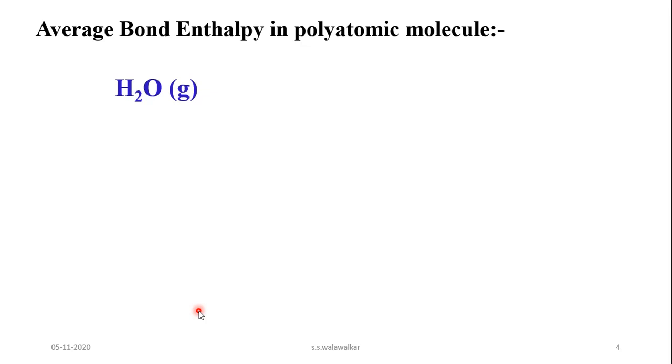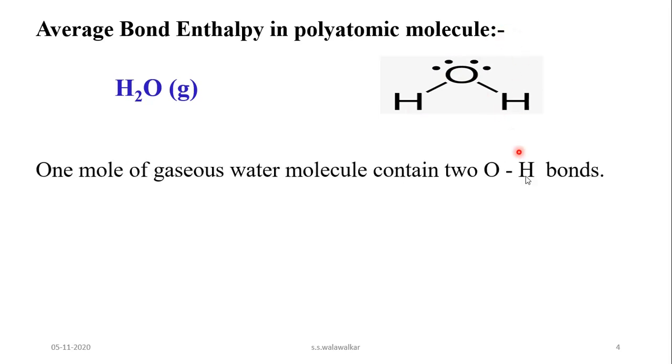Water molecule. Water is a triatomic molecule. 3 atoms are there. So 1 mole of water in a gaseous state has a structure like this, HOH. So in water molecule, 2 OH bonds are there. 1 mole of gaseous water molecule contains 2 moles of OH bond.